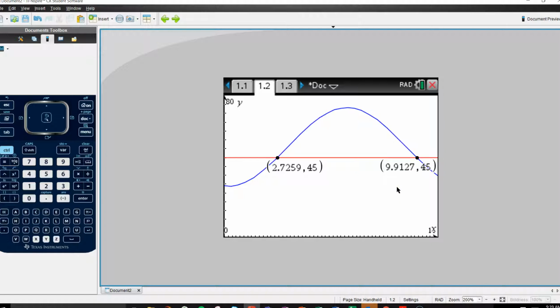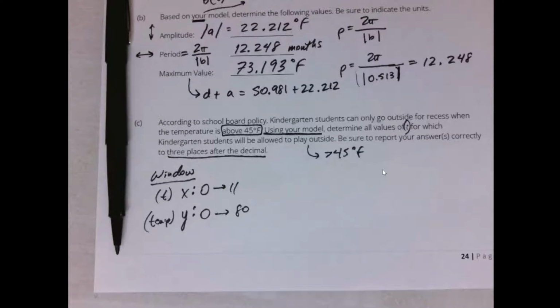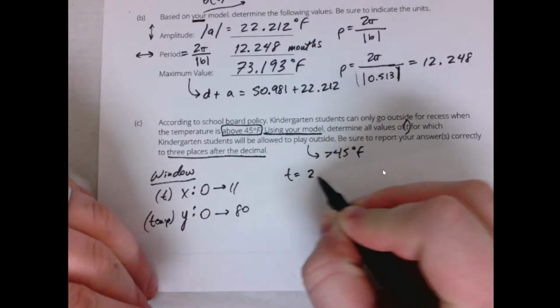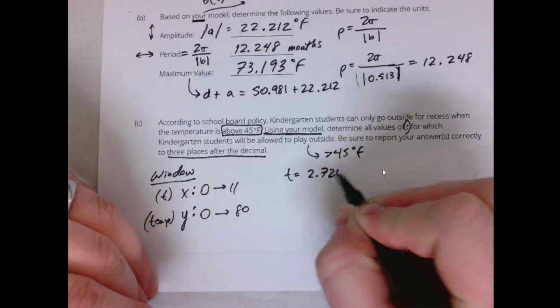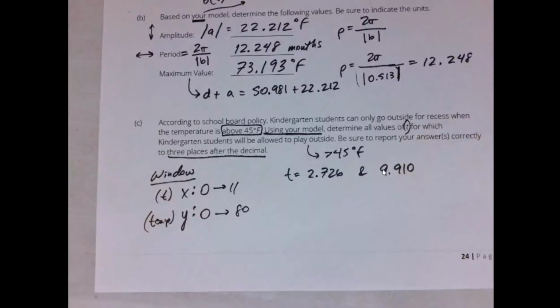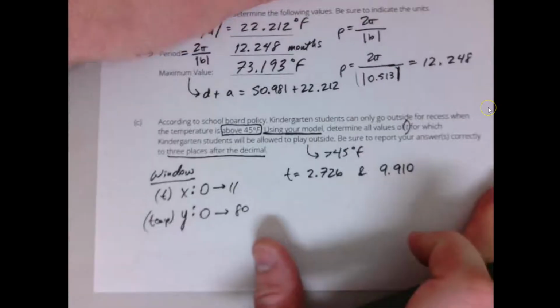So it gives me my 2 values between this t value and this t value. Okay, so let's report really quick. Between my t value of 2.726 and 9.910.